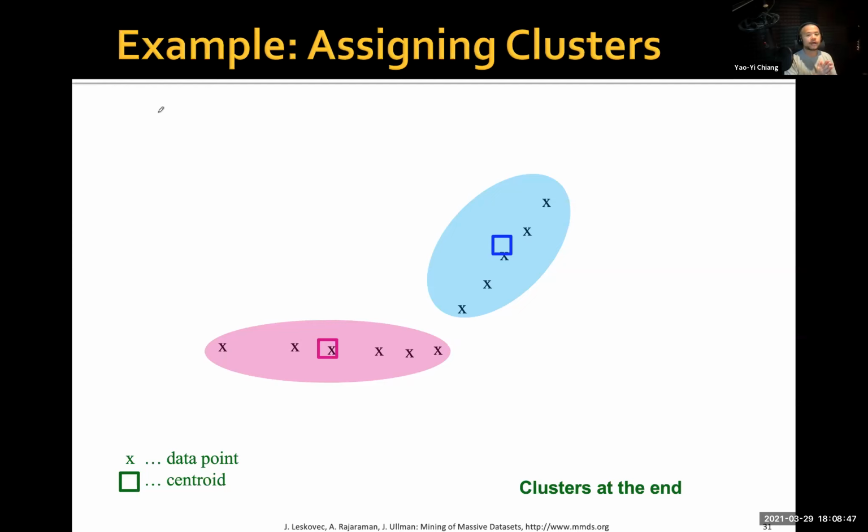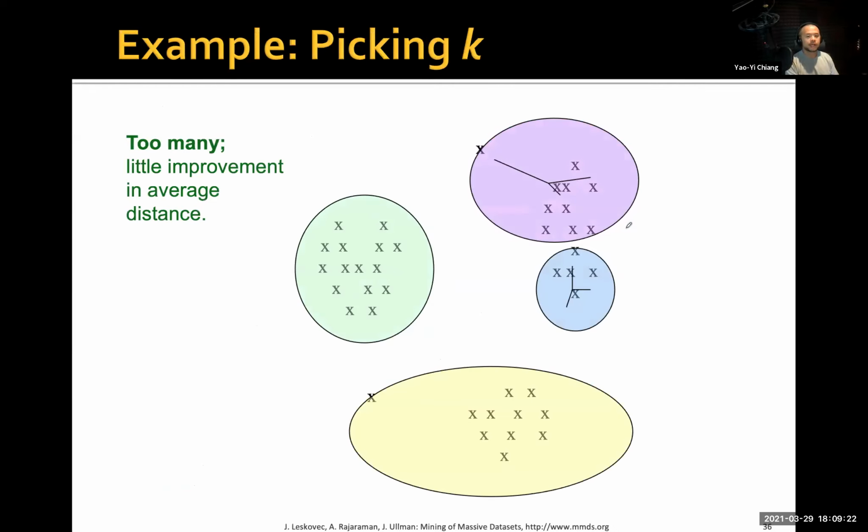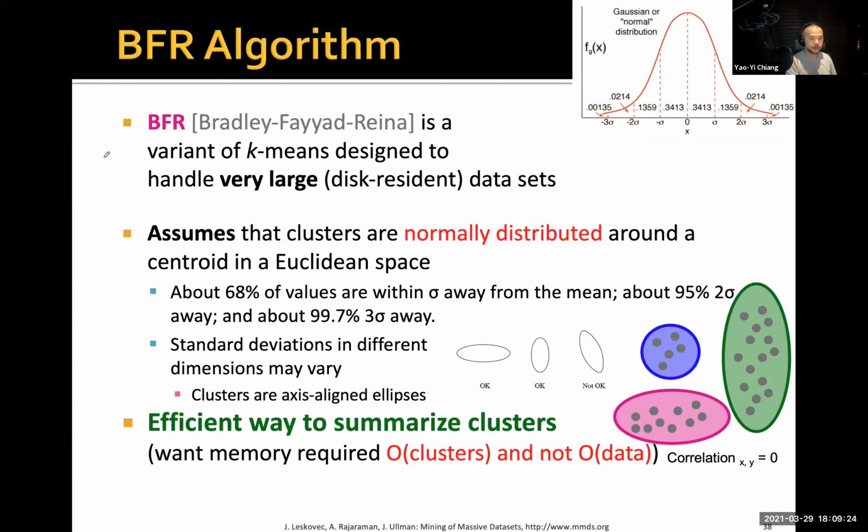Second, if you have a really large data set, you might not be able to store all the data points in your memory. That means you have to read some data points, process it, and write it back to the disk and do the same thing again. And as you saw in our previous lectures, this is very time consuming. So we want everything to be able to process in the memory. Also, we do not want to read the entire data set multiple times. That's why we are going to talk about this BFR algorithm that will be able to help us do that.